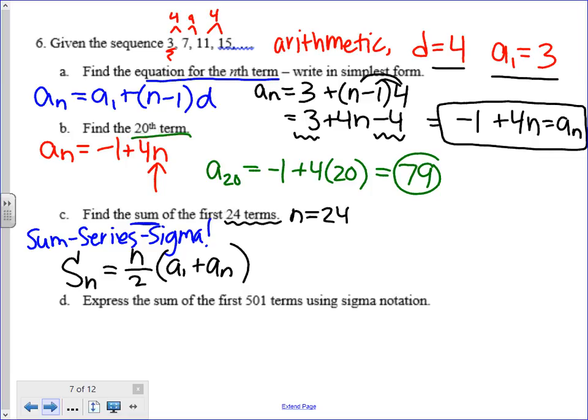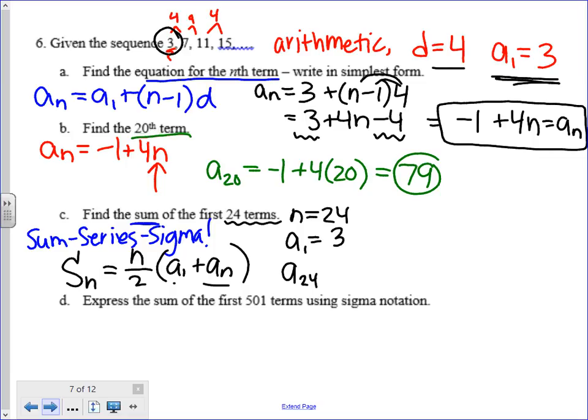I also need to know the first term of my sequence. Well, right up above, we talked about that we knew the first term of the sequence was 3. That's the first term in the pattern. Now I need to find this a sub n. Well, here we said n was 24, so that means I need to find a sub 24.